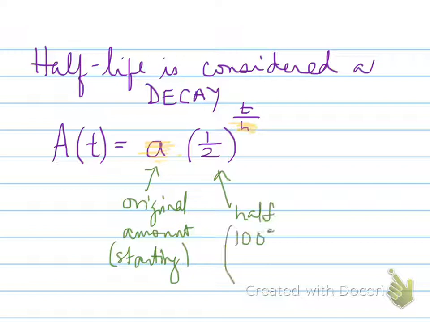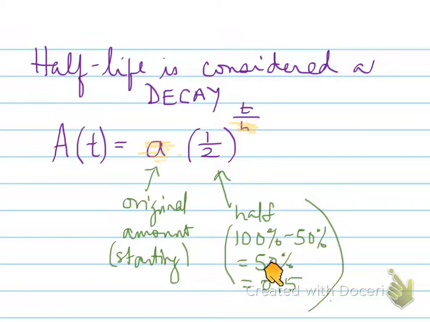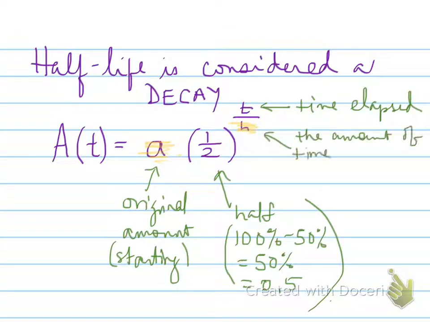Half is the half-life: you start with 100% minus 50% is equal to 50%, which is 0.5. So what that means is if you have half the amount of product left, it would be 50% of the product, or half. T represents the time that has elapsed, and H represents the amount of time that it takes for half of the product to exist.